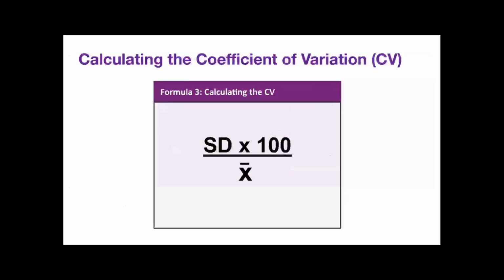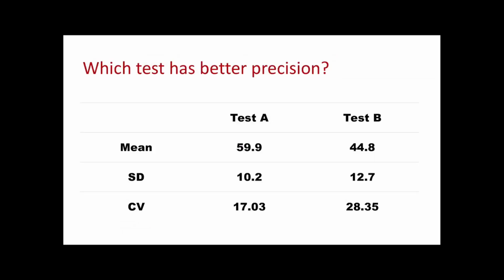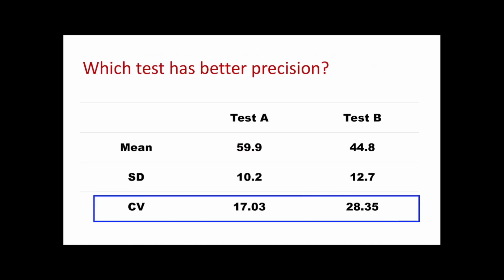Another thing you have is the CV or the coefficient of variation. It is SD multiplied by 100 divided by the mean. Your CV is monitored in order to assess the consistency of the precision of an assay. For example, you have here test A and test B. The CV value of test A is 17.03%, and for test B it is 28.35%.